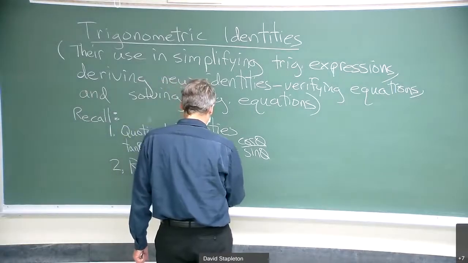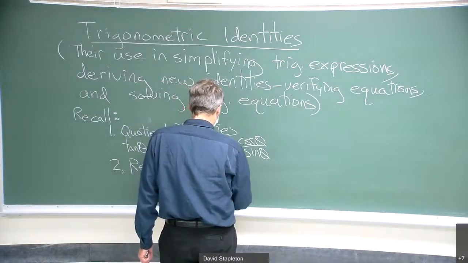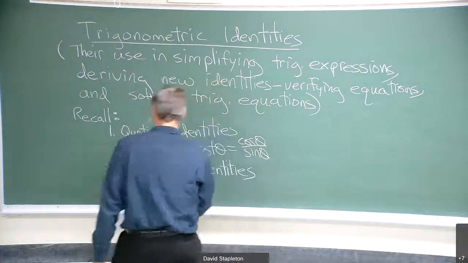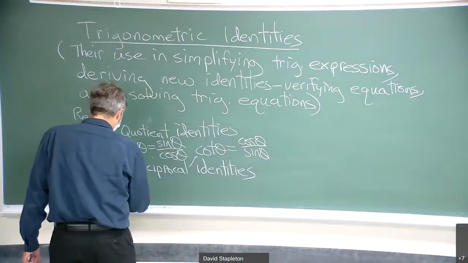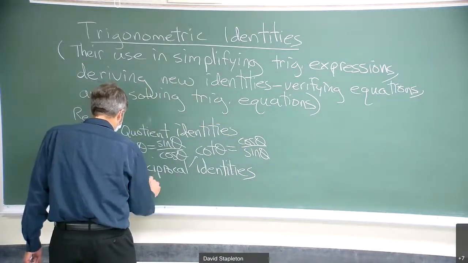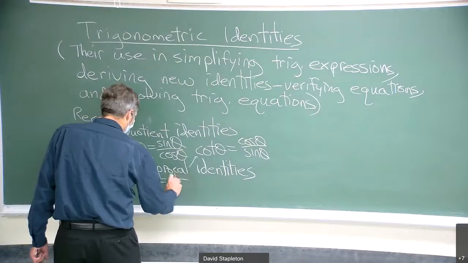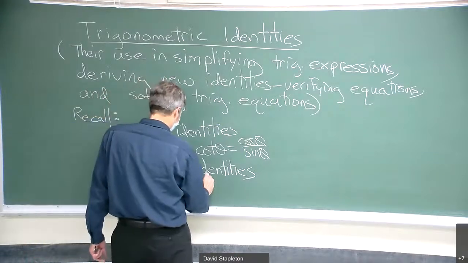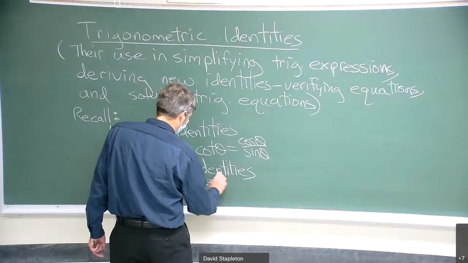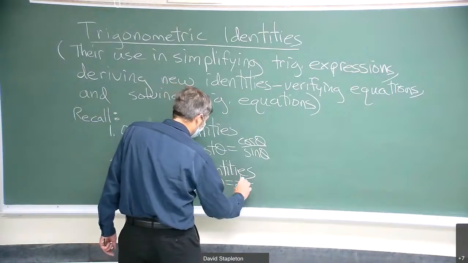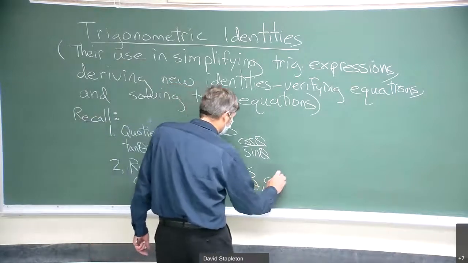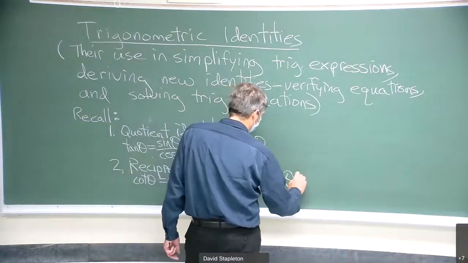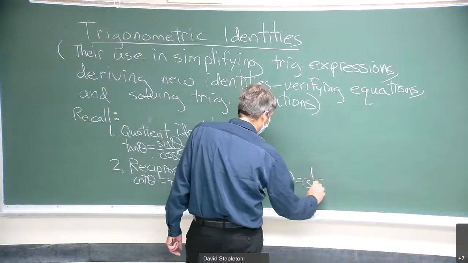So reciprocal identities were, and there's 6 of them. We could say that the cotangent is 1 over the tangent. The secant is 1 over the cosine, and the cosecant is 1 over the sine.